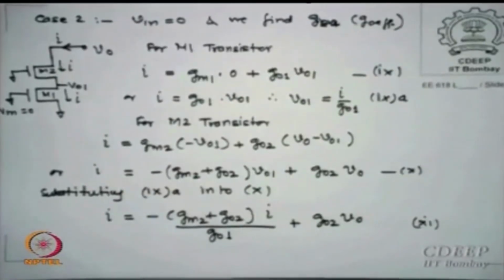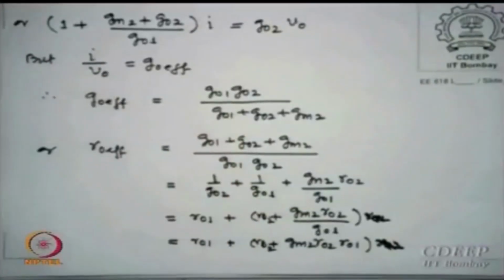Collect I terms, and then Vo by I is ro effective, the output resistance as seen from the output terminal. So I collect the terms of I and figure out I by Vo is go effective. Substituting everything, go effective is go1 go2 upon go1 plus go2 plus gm2, and I invert it to make it ro effective.